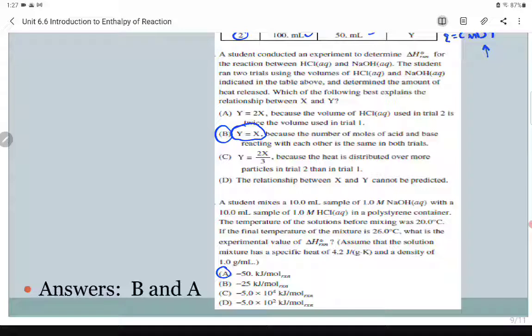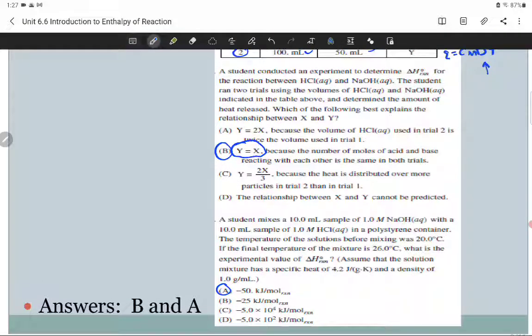We have sodium hydroxide, and hydrochloric acid, and the polystyrene container, that's a coffee cup, and we have a change in temperature, and it wants us to solve for delta H. So that means we're going to have to do Q equals Cm delta T. Once we get the Q, if we divide that by the limiting reactant moles, that will give us delta H. So there's some math here. So what do we have so far? We have a specific heat, 4.2.